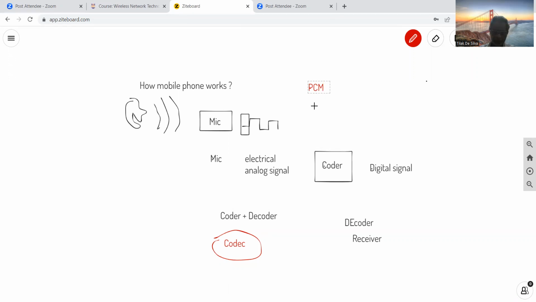Analog signal has a 0 to 20 kilohertz bandwidth, but we select only 0.3 to 3.4. By using a filter, we take only this band. This is approximately 0 to 4 kilohertz.